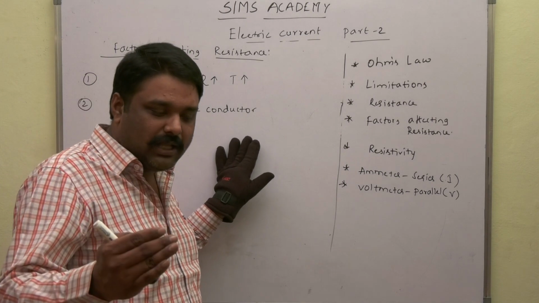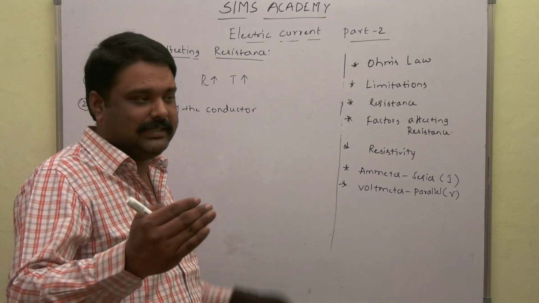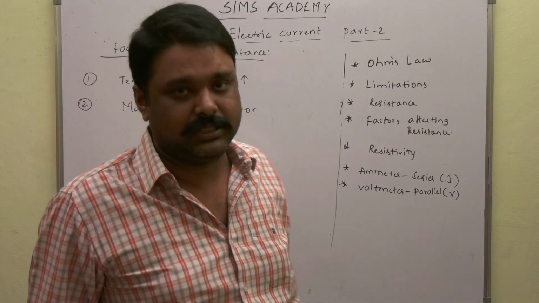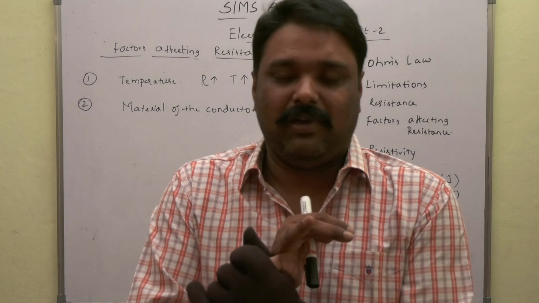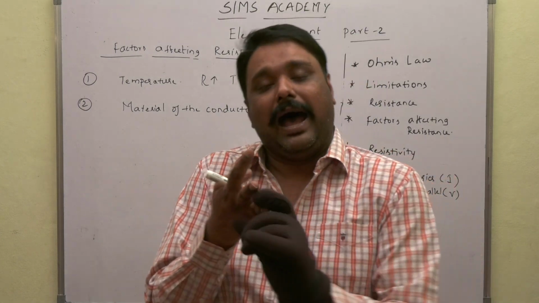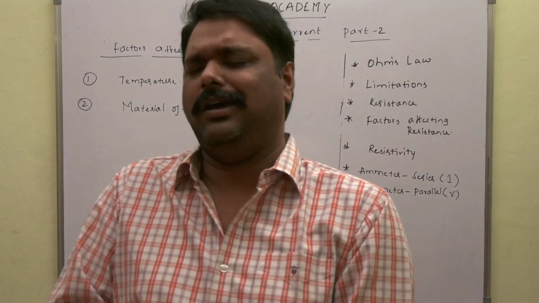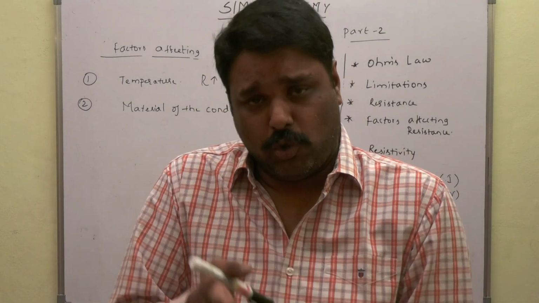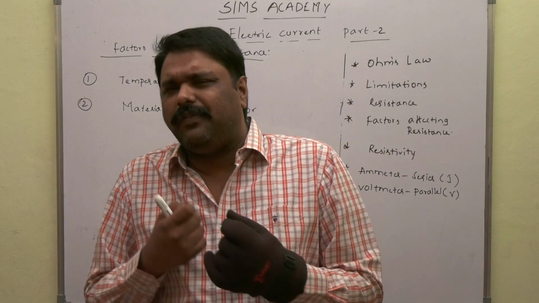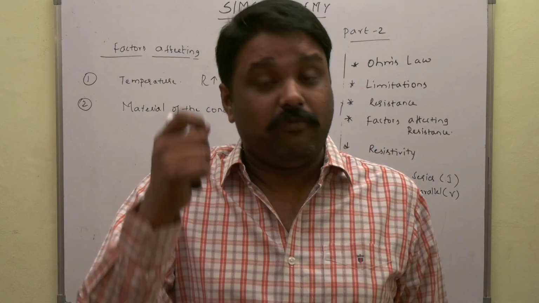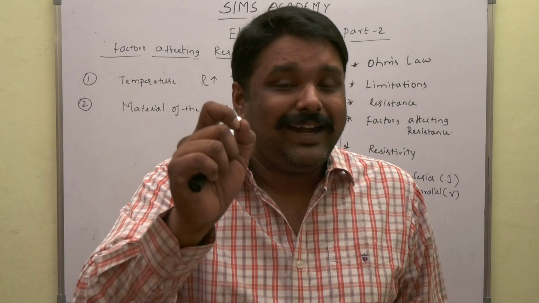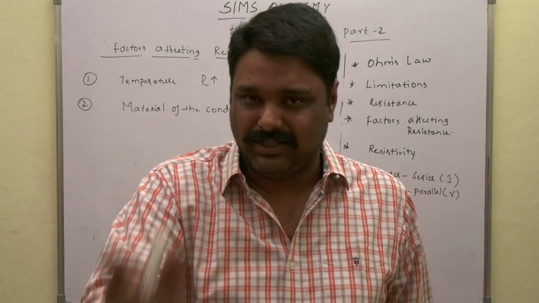At a given temperature, at room temperature, if we consider 25 degrees Celsius, copper may show one value of resistance, iron may show another value, and zinc, lead, silver, gold, all these different metals will show different values of resistance.